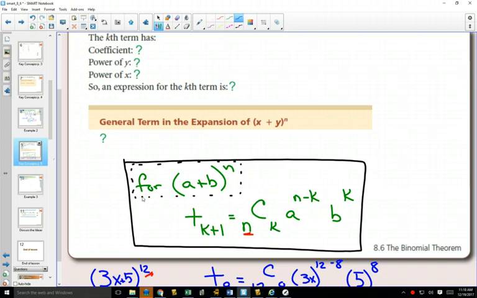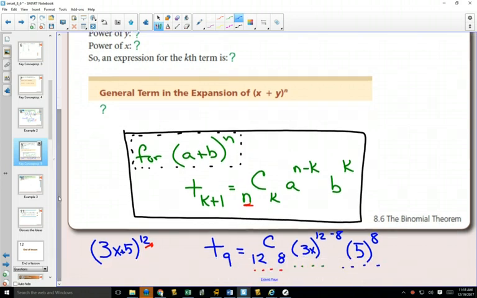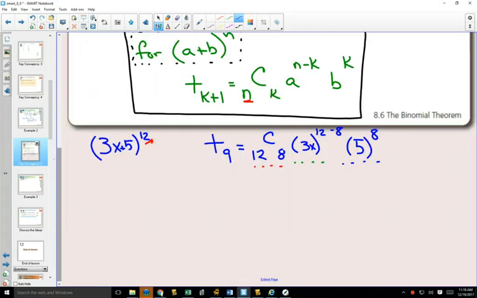If we were simplifying this one completely, I want to find term 9. I would go to my calculator and figure out what 12 choose 8 is. I get 495. I'll put that in brackets, because each of these things that I've underlined in red, green, and blue, you would do separately. So you do this one first.